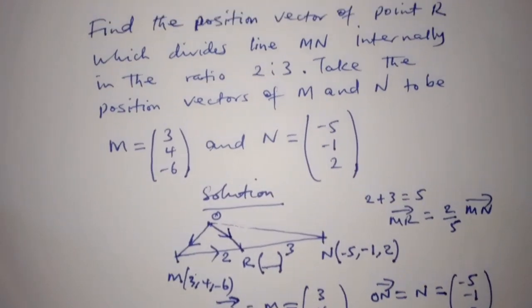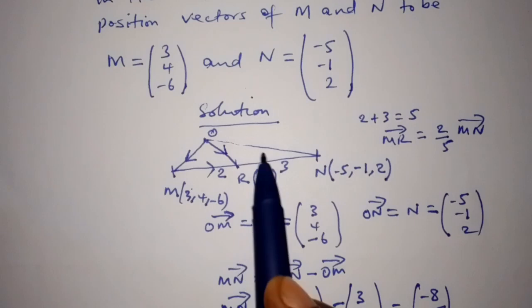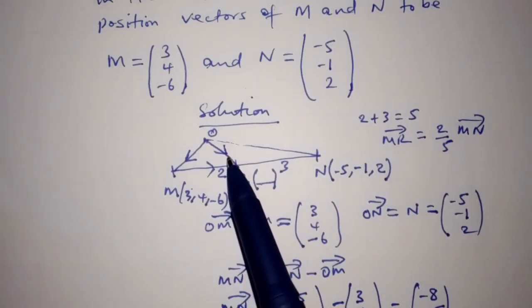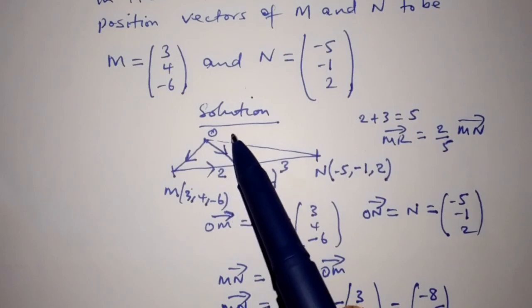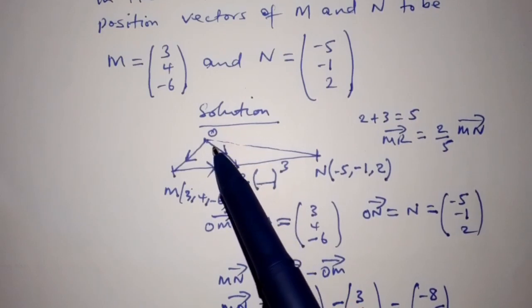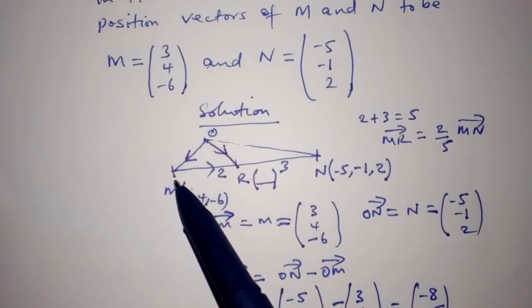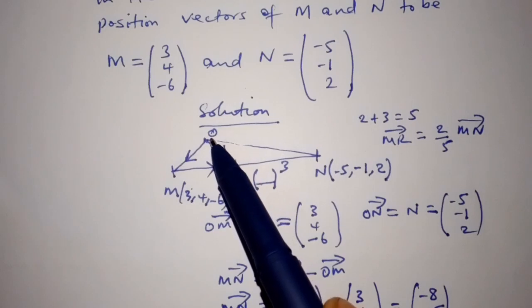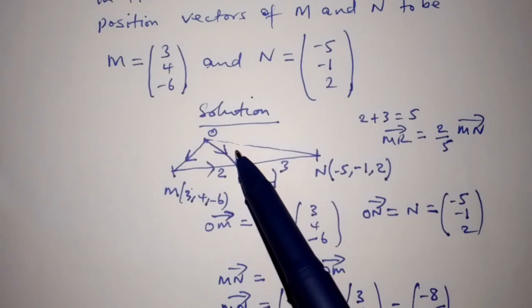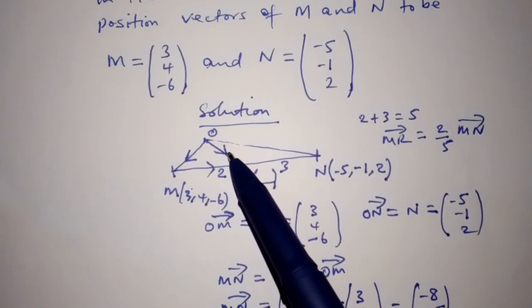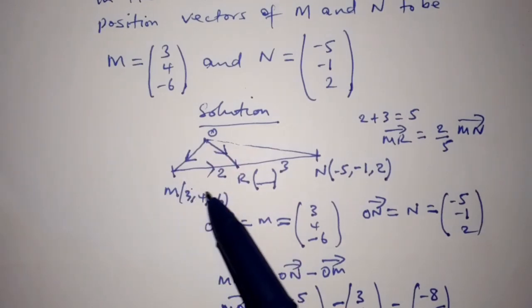From our sketch, when we want to find vector OR, we start from the origin, go to M, then to R. So vector OR, which is the position vector of R, is vector OM plus vector MR.